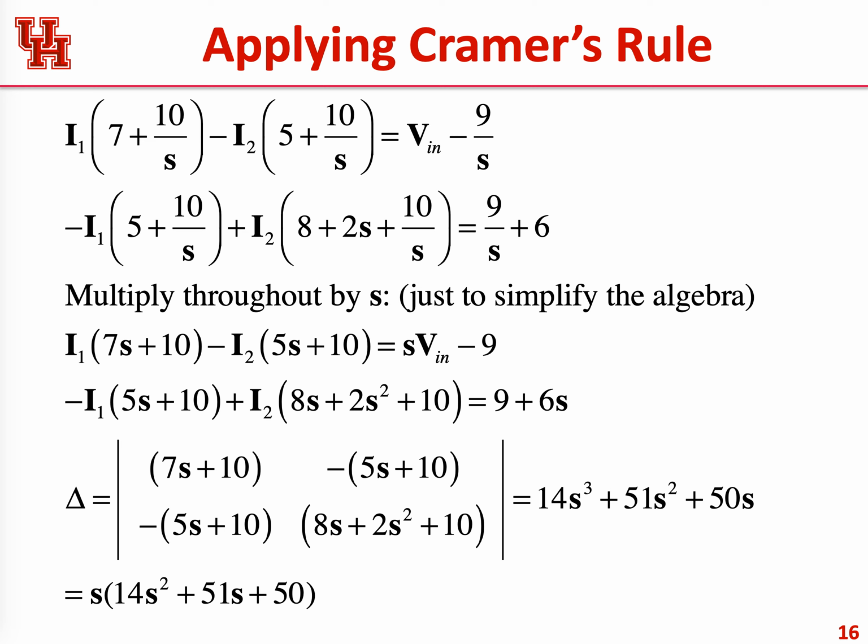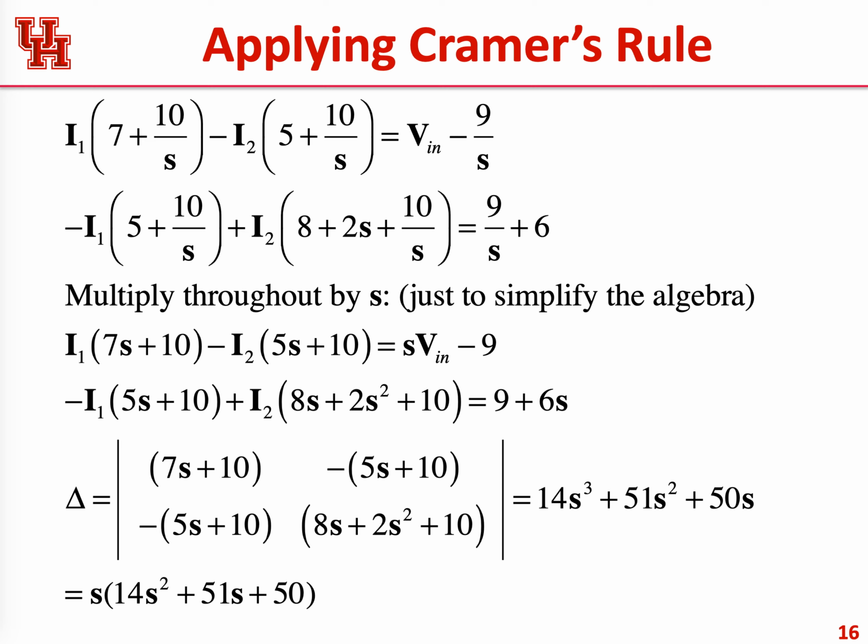So this is going to go as 7s times 2s squared, so that's going to be 14s cubed, plus 20s squared plus 80s, plus, oh man, this is getting messy.